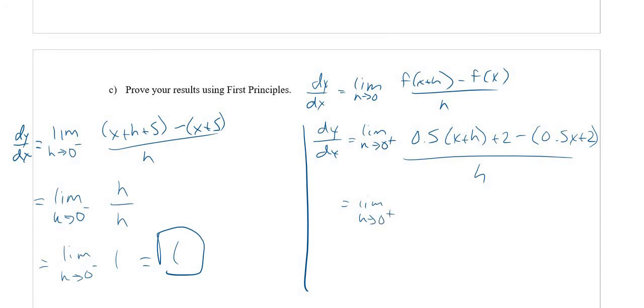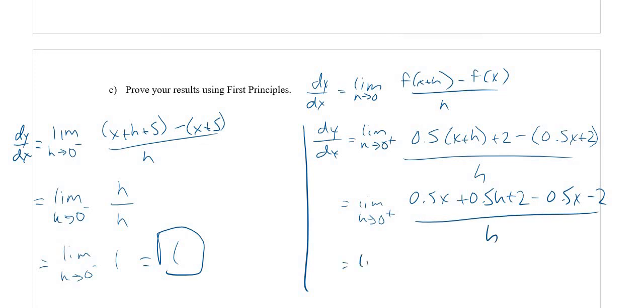So for this one, we have 0.5x plus 0.5h plus 2 minus 0.5x minus 2, all over h, which is the same as saying the x's are going to cancel, the 2's are going to cancel, and we're left with 0.5h over h, or just 0.5.